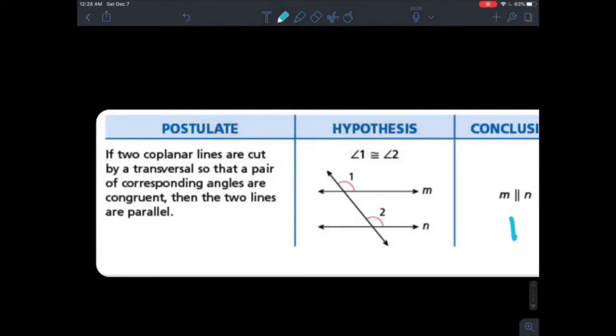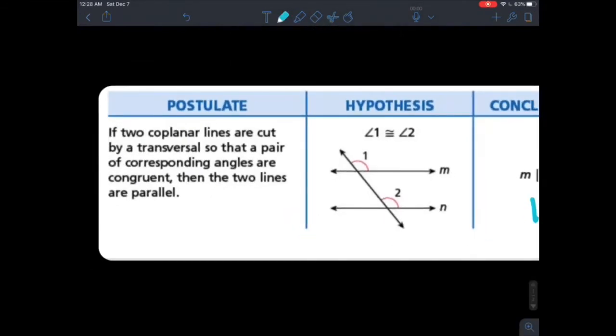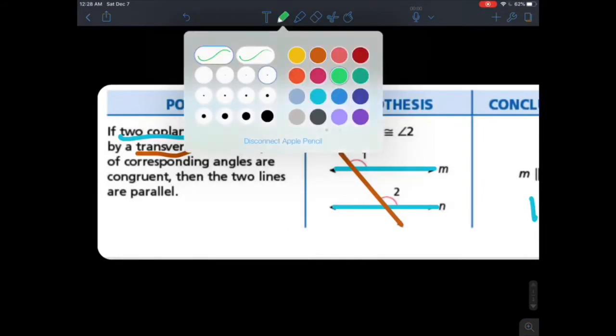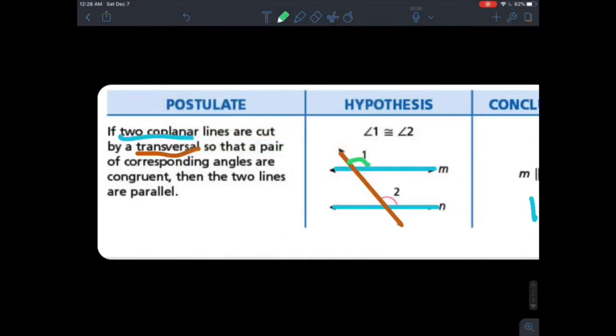So our two coplanar lines are L and M, and we are trying to prove them parallel. And then we have our transversal here, which is cutting between both of them. And this creates two corresponding angles that are congruent, which means they equal each other.